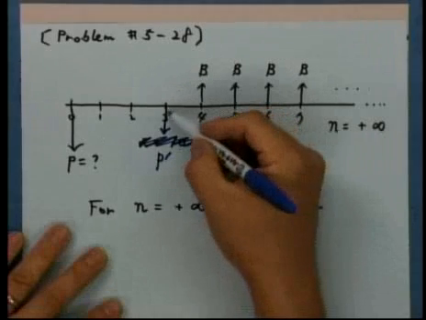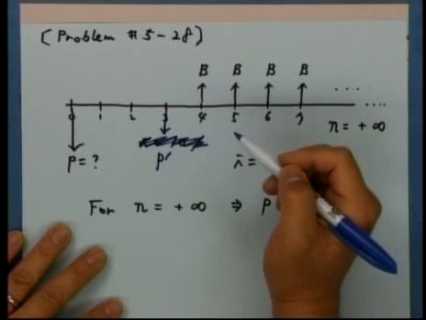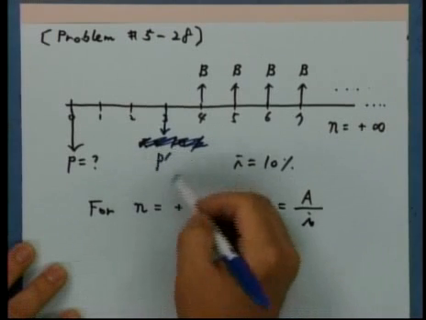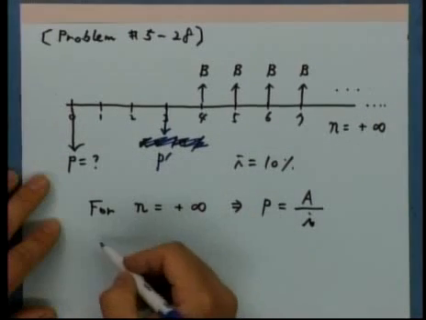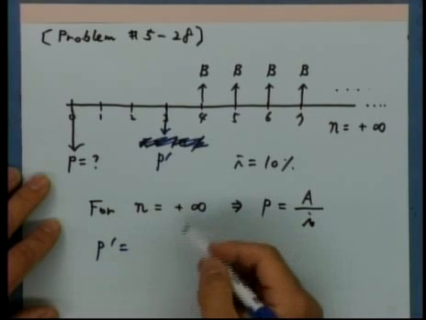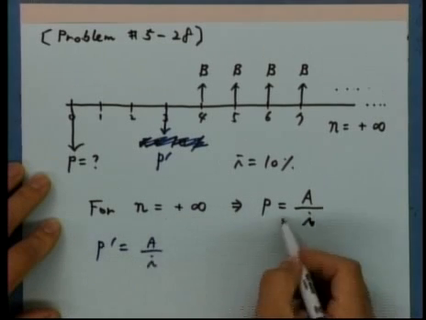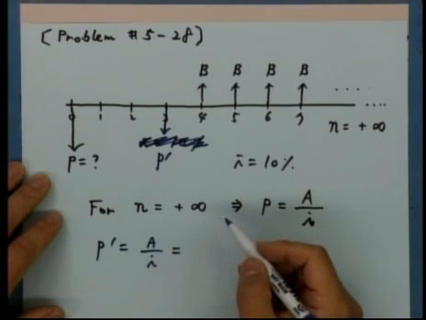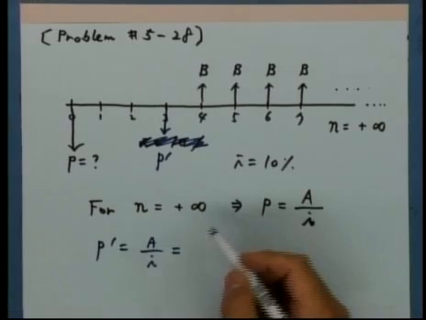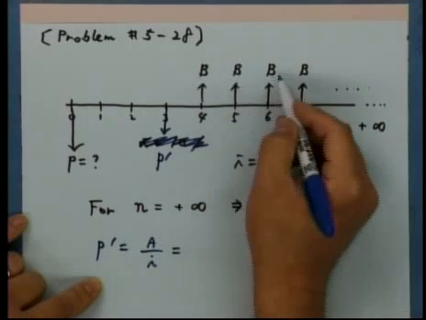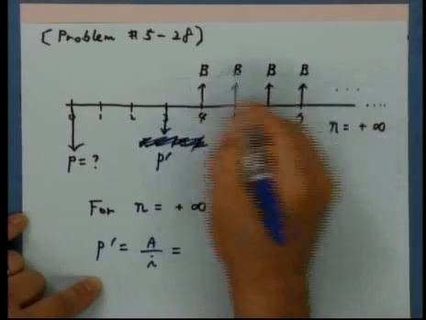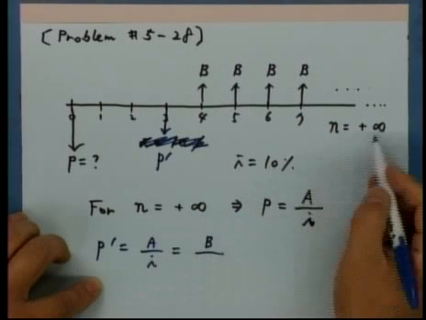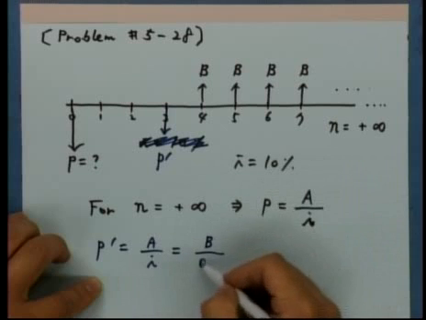So if I set P prime at the end of period 3, the capitalized cost P prime can be computed by P prime equals A over I, the same formula. And then the A value is given as B in this cash flow diagram. So B over the interest rate 10%, which is 0.01.